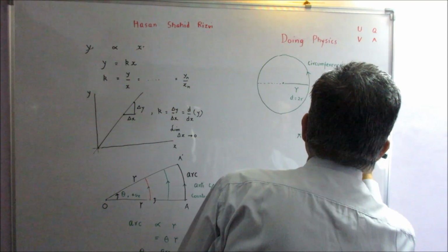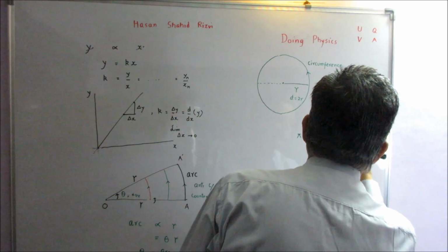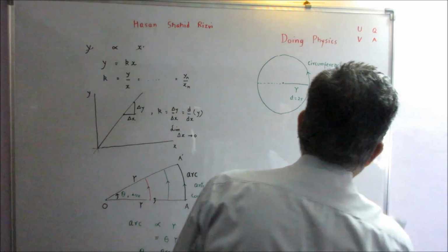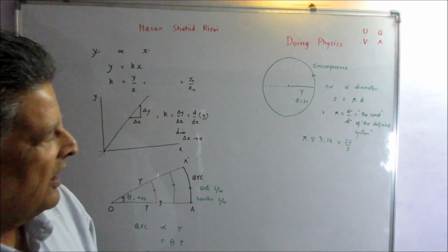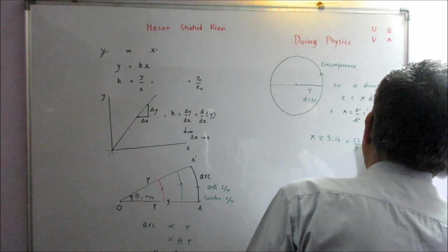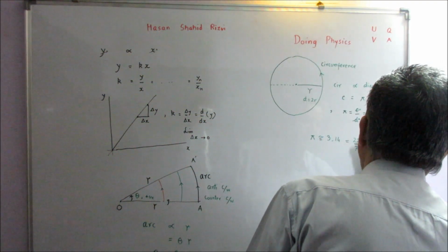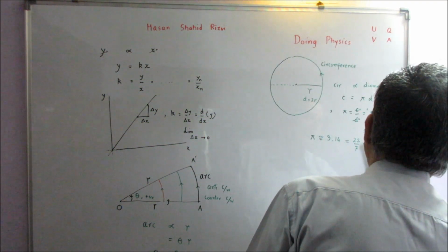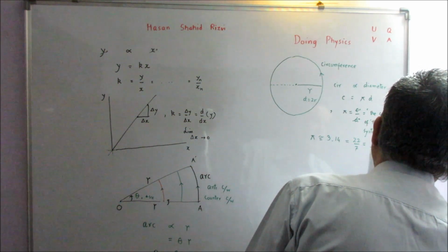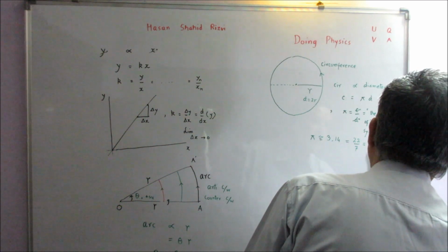I was brought up with the value 22/7, or a closer value that was given was 355 divided by 113.